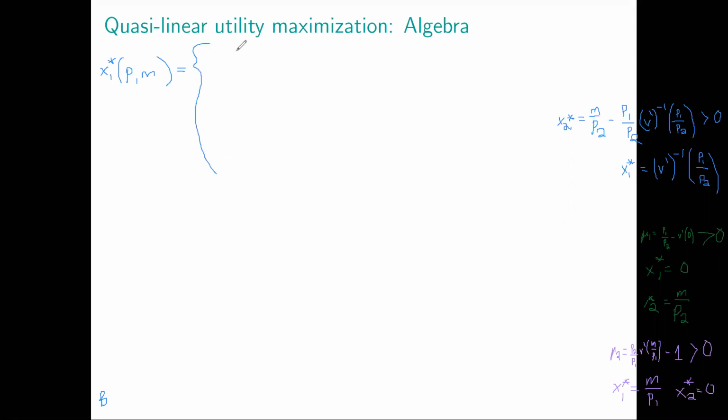So we'll have solutions: m over p2 minus p1 over p2 times v prime inverse of p1 over p2. Oh, sorry, that's x2.